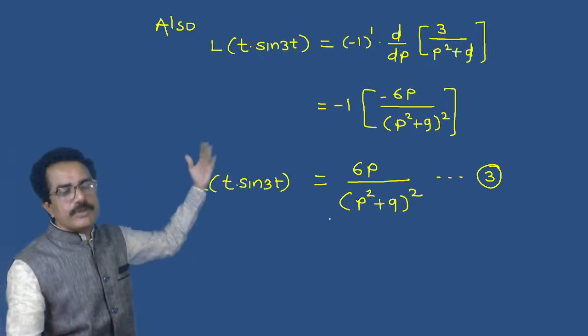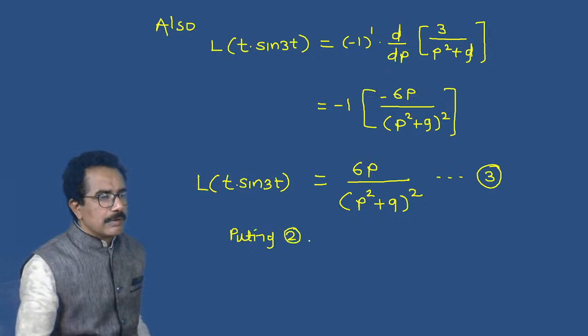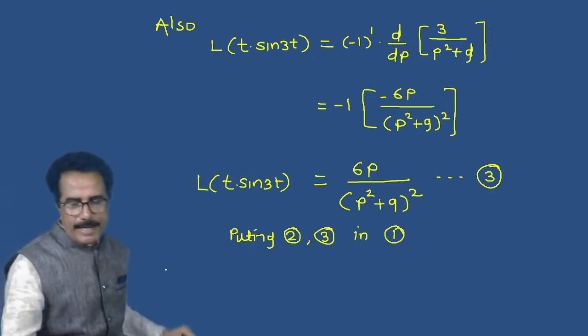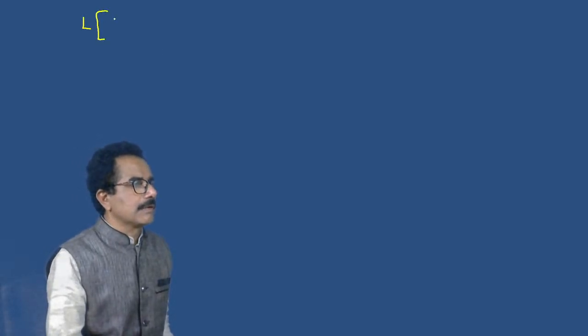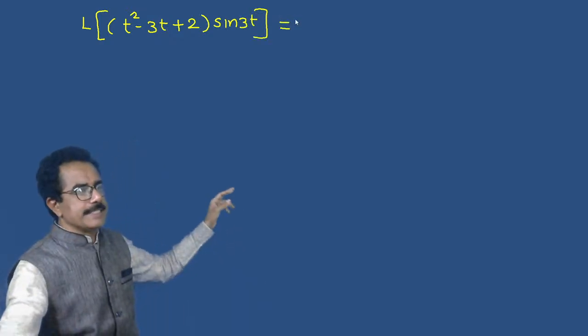Now put all these values in equation 1, putting 2 and 3 in 1. So we will get the Laplace transformation of (t square minus 3t plus 2) into sine 3t, which will be, first of all, see this.